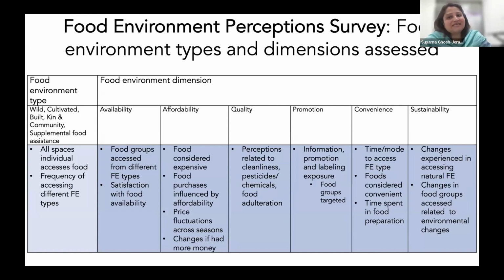Convenience: time and mode to access different food access points, the time taken in food preparation, and other convenience aspects of food chosen at the household level. And finally, there is an optional section on sustainability, which talks about changes experienced in accessing the natural food environment, the role of climate change, environmental change, and others. The food sovereignty aspect is also assessed in some of the optional questions. Next slide.